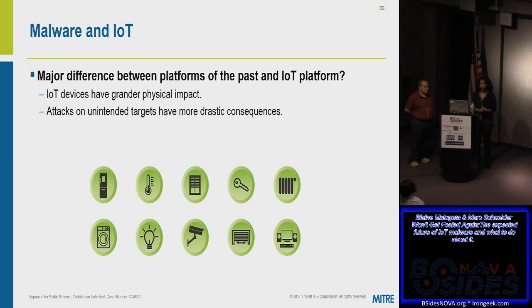So the major difference between the platforms of the past and the IoT platform is the physical impact of the IoT devices and what they do physically. To put that in context, imagine your thermostat is attacked with ransomware, and it is set to the coldest temperature during wintertime.